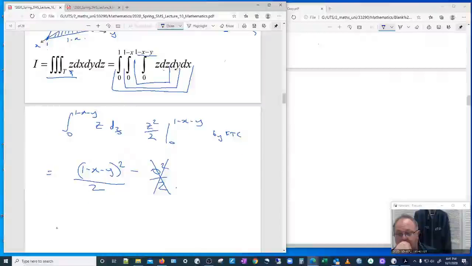Now, is it easier to do something with this or to leave it as it is? Because it's going to go inside the next integral, and the next integral is 1 minus x. So sometimes it's worth trying it. We can pull the half out the front, so that'll simplify it a little bit. We've got 0 to 1 minus x. That's this guy.